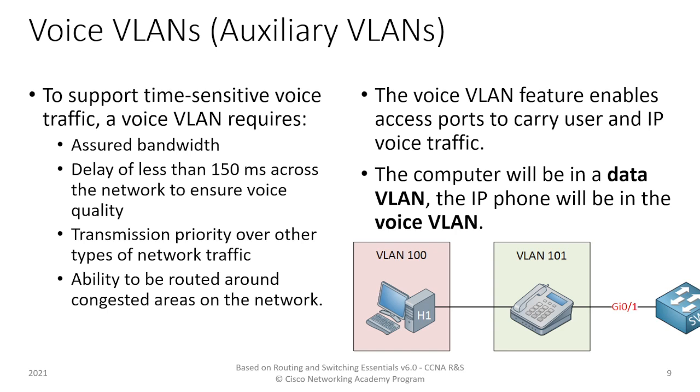The reason why we put these phones on different VLANs is because we have slightly different requirements for this type of traffic. It could be voice over IP, or even video conferencing, these types of applications. We would like to have network communication with low latency.